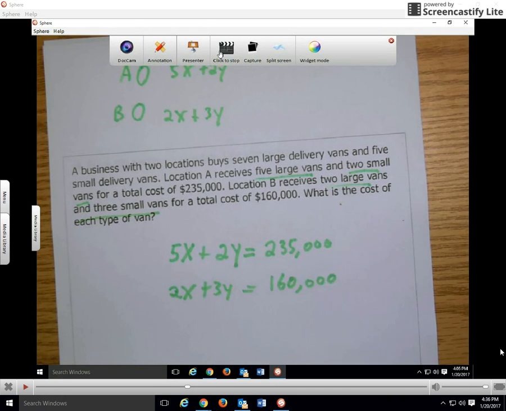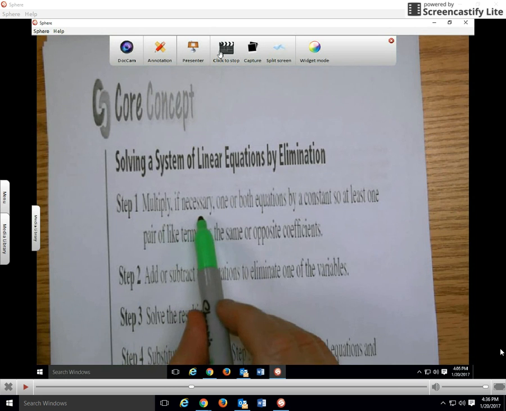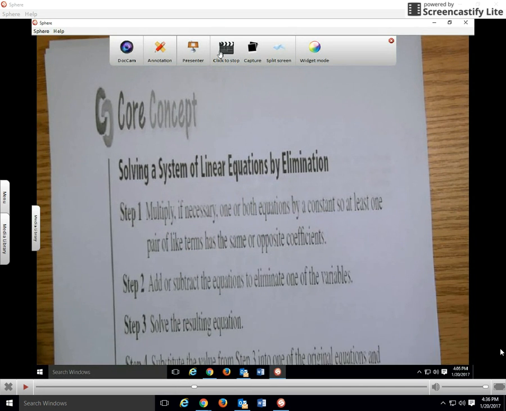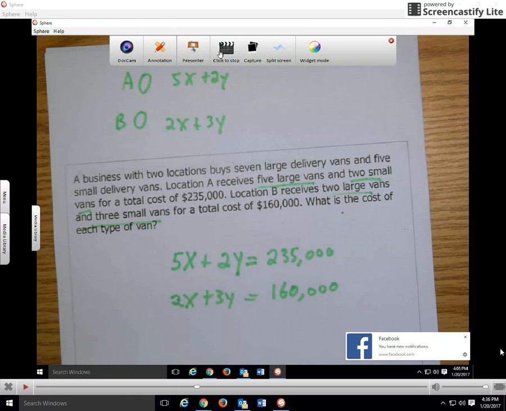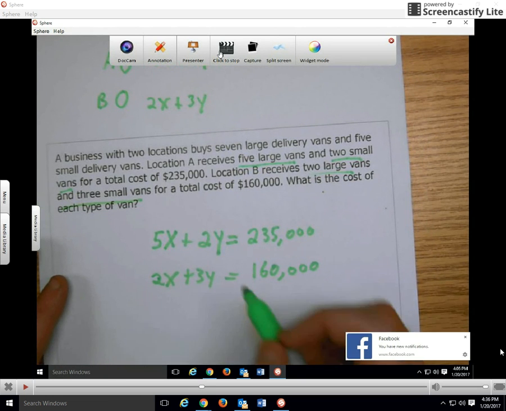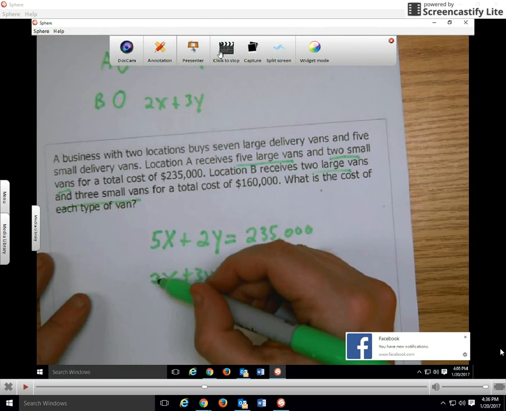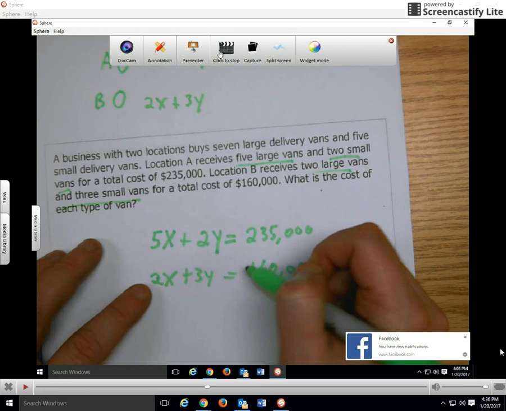But that's when we go back to the steps of solving this. And the step said, multiply, if necessary, one or both equations by a constant. So we can't multiply one to fix this, but we can multiply both equations by something to get this working. And actually, I find this not to be too challenging because usually it's just the same number that one of the equations have is what you're going to multiply it by.